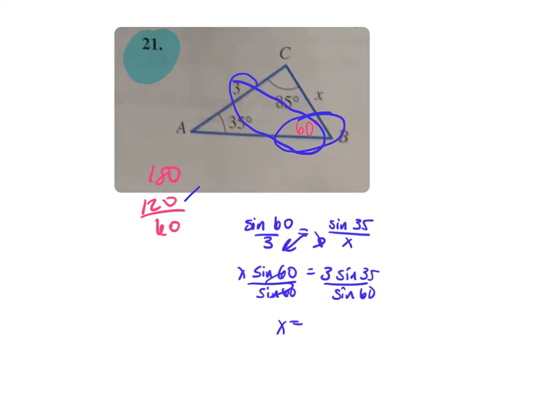I said the sine of 60 over 3 is proportionate to the sine of 35 over x, because that's what we're looking for. We cross multiply, and when we figure this out, 3 sine 35 divided by sine of 60 is about 1.99. That's how long side x is.